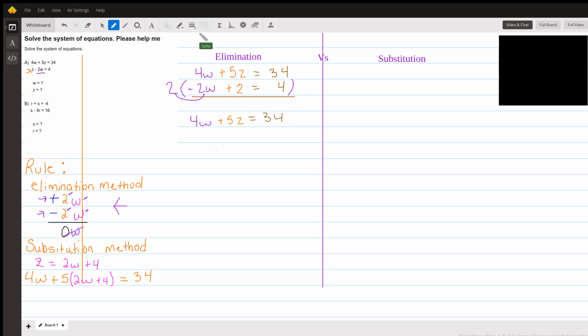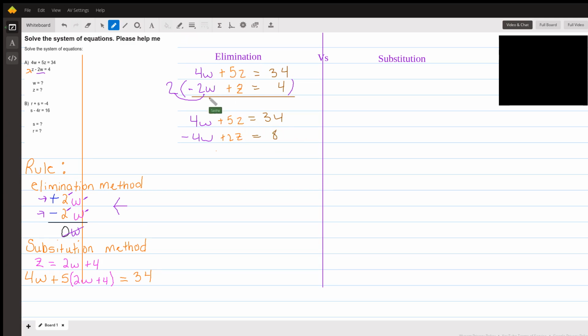All right, now for the bottom one, 2 times negative 2 gives me that negative 4W. And then 2 times Z, that's a Z, is going to give me positive 2Z. And then 2 times 4 is going to give me 8 at the end back here.